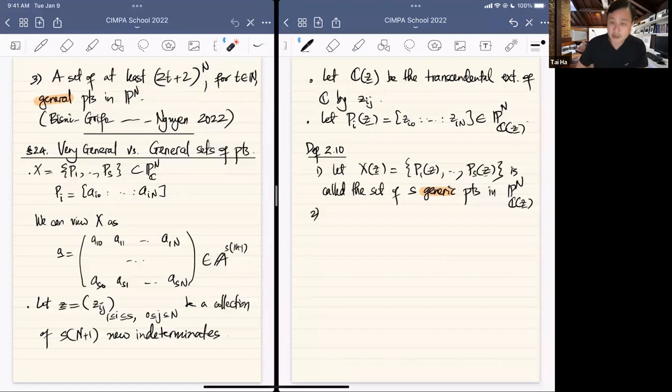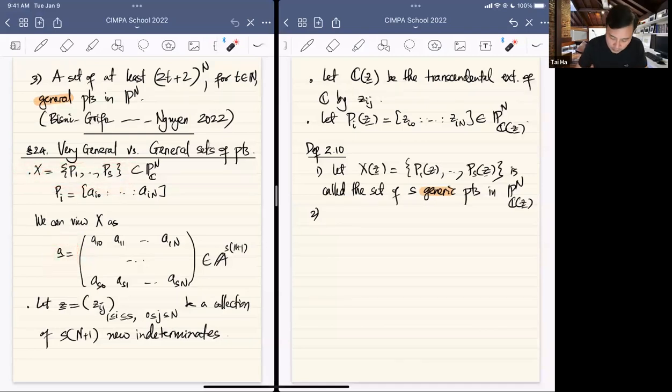So this is one process. I can replace the A by the Z, but I can also go backward. I replace the Z by the A, right? So if I'm given this, instead of looking at the Z, I can replace the A in. Then given one specific generic set of points, for different A, I get a different set of points down the stack.